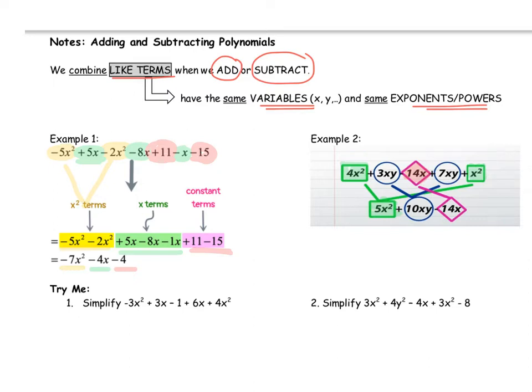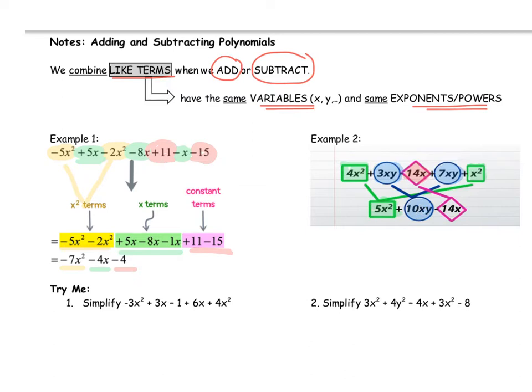But then we have these strange xy terms. Since the variables x and y are different variables, that would not be considered like terms with x or x squared. But these two terms do have the same variable, 3xy and 7xy, and that adds to 10xy.